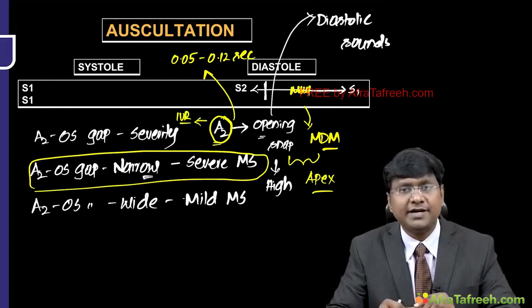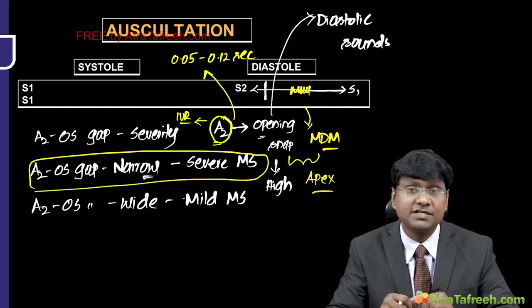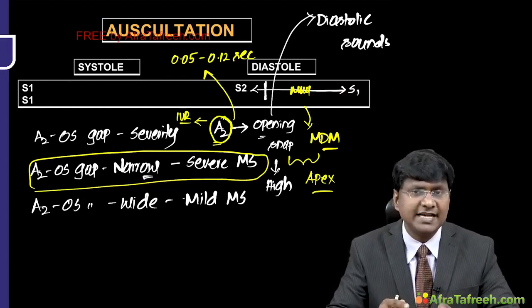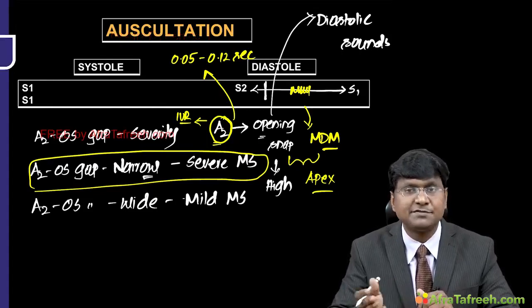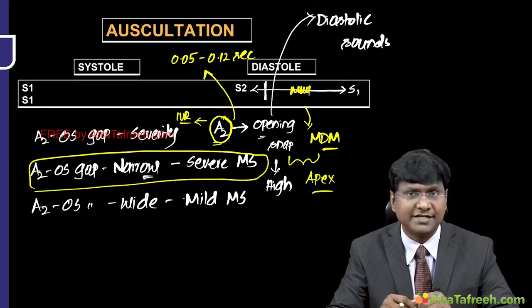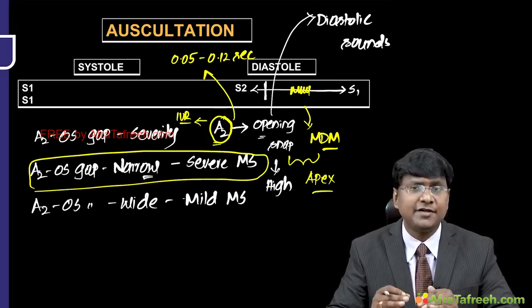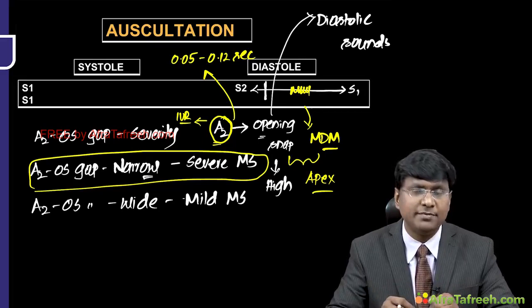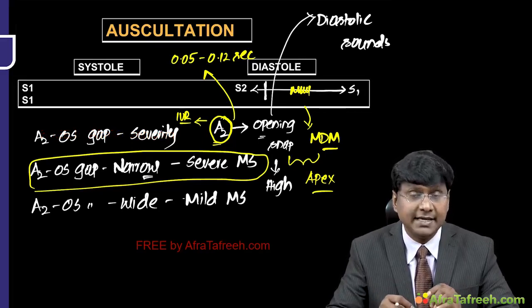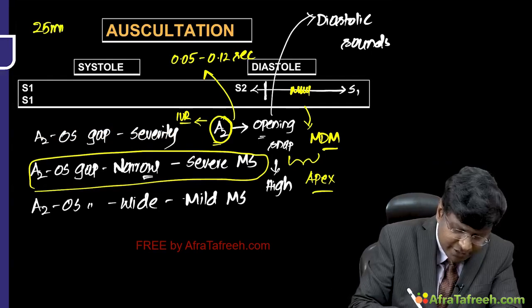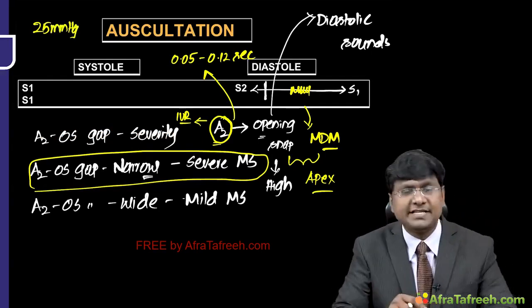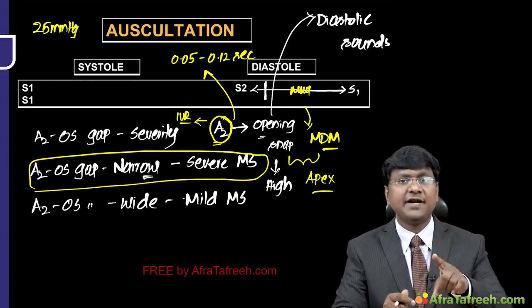Now, after the isovolumetric relaxation phase, what is the next immediate phase in the cardiac cycle? That is first rapid filling. First rapid filling occurs due to opening of the AV valves, that is the tricuspid valve on the right side and the mitral valve on the left side. Now, immediately after your A2, if the left atrial pressure is increased to 25 millimeters of mercury in case of very severe mitral stenosis, what will the left atrium do?